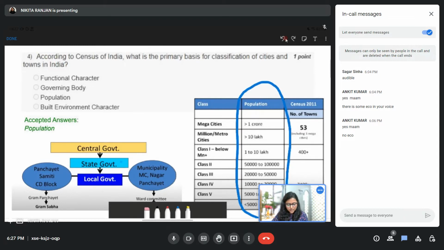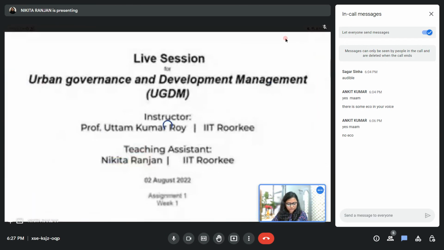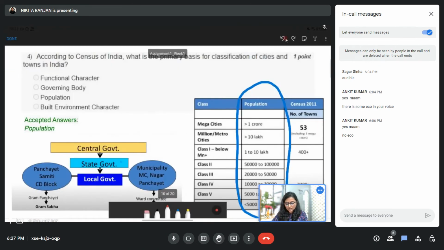Cities are sometimes classified based on their function. You would have seen different city types based on their functional character in your lectures.